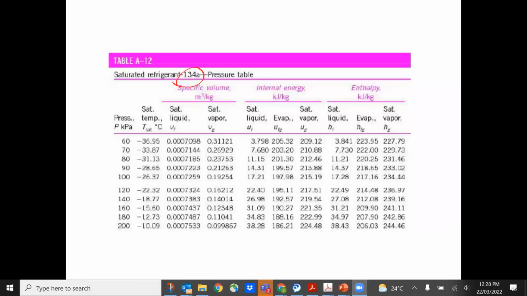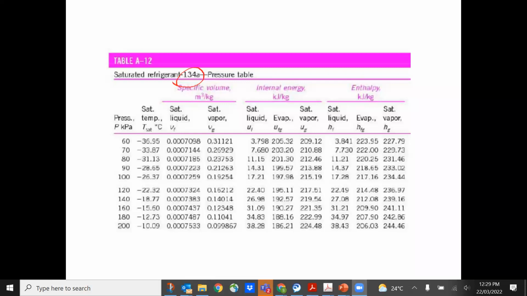This is an environment friendly substance, because before they used a different substance which affects the ozone, called Freon. So they banned this substance more than 15 years ago, and they started to use 134A.